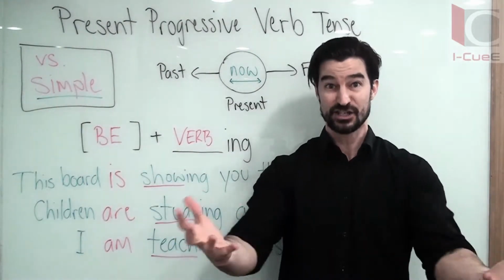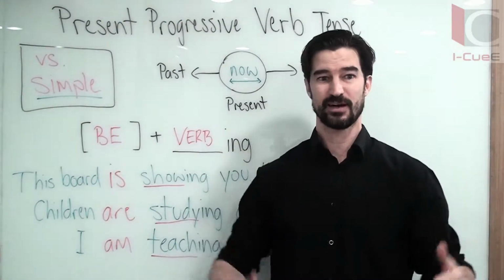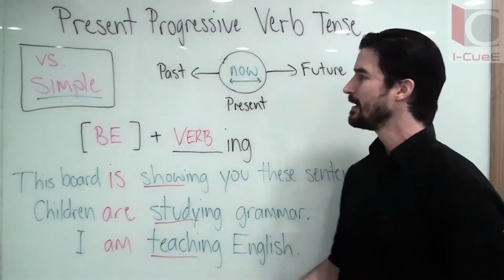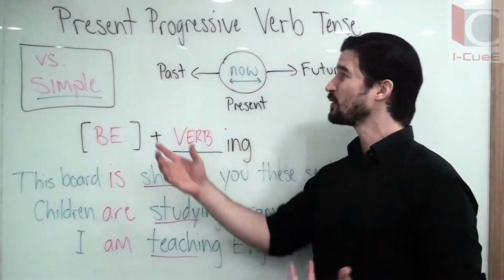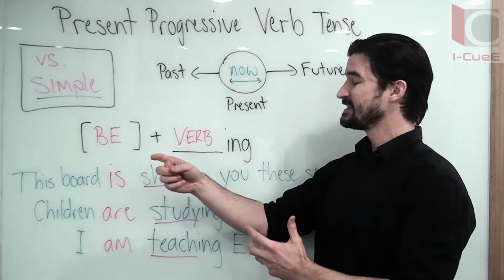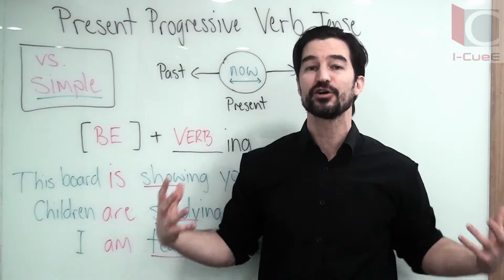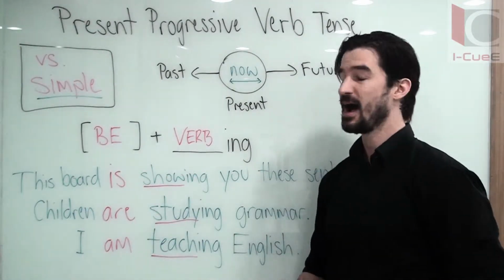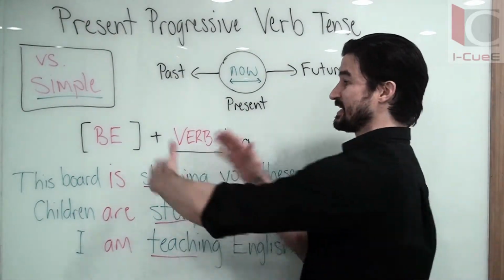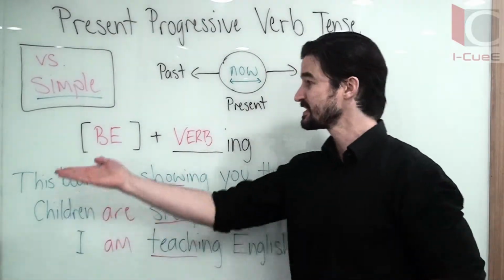I mean, I've been talking to you now for already 3 minutes. Who knows? What we do when we talk about the present progressive is we provide the space for what we are doing right now. So we do that using this formula or this construction.